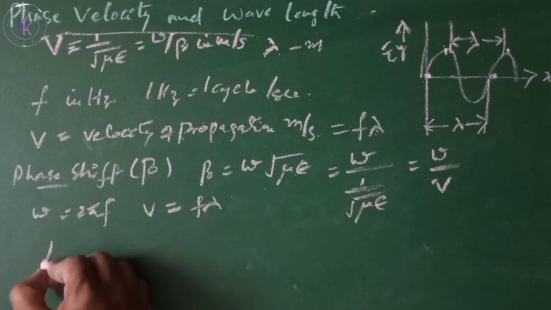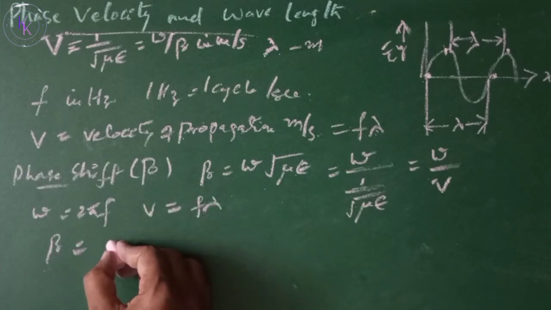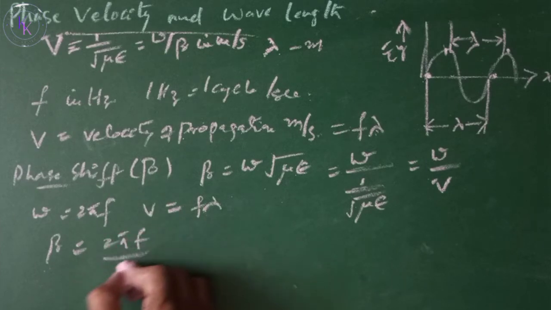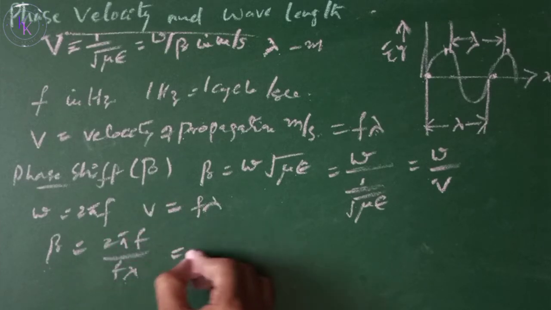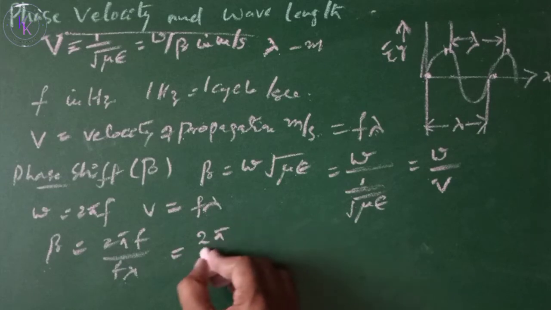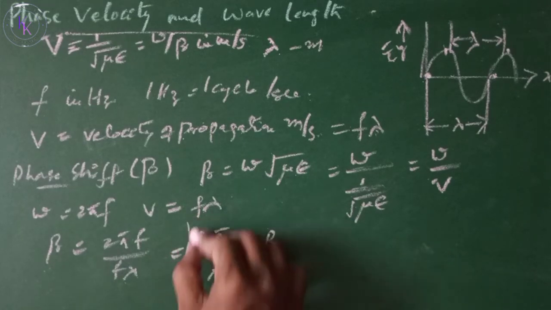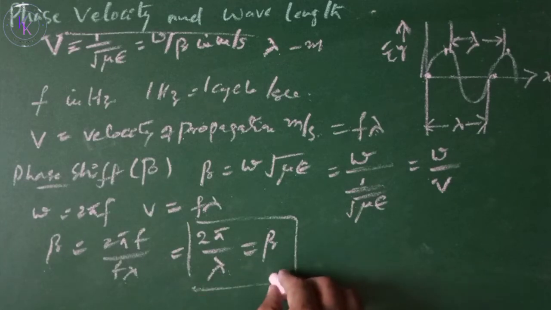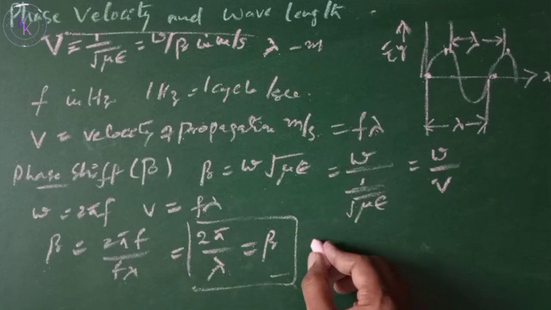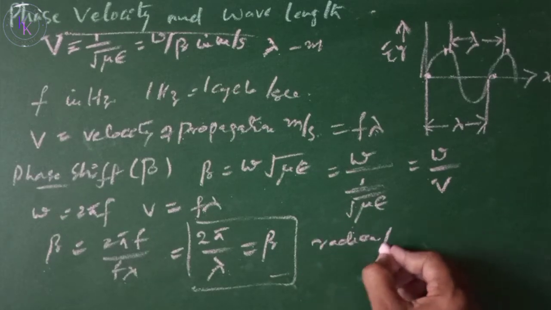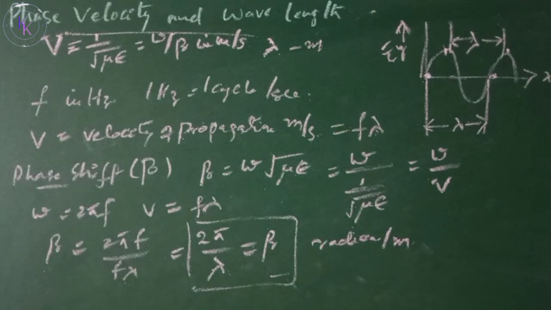Now substitute this: beta equals 2 pi f divided by f lambda, then 2 pi by lambda. Beta equals 2 pi by lambda. Beta is termed the phase shift constant. Its units are radians per meter and it is the measure of phase shift per unit length.